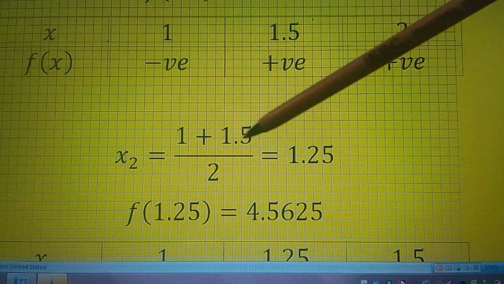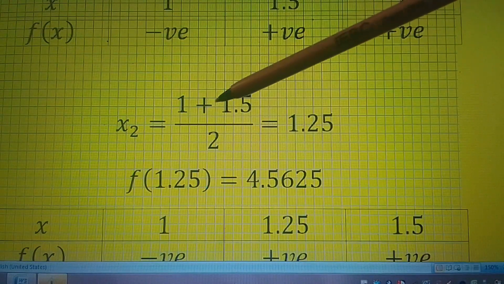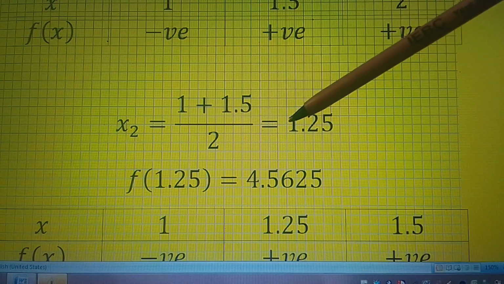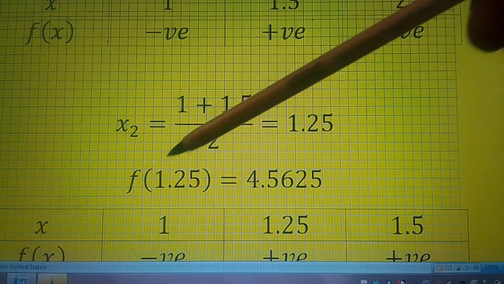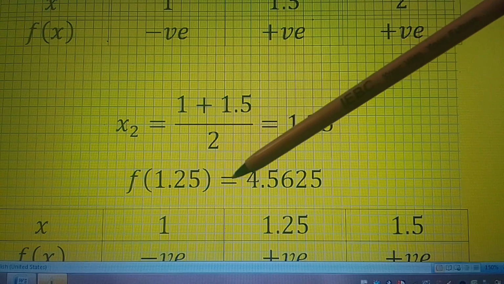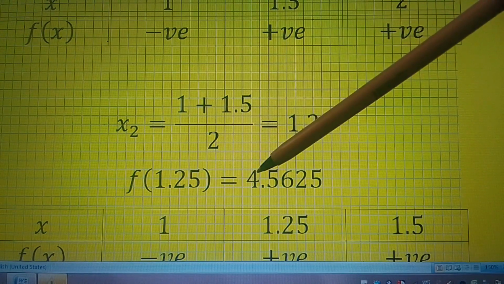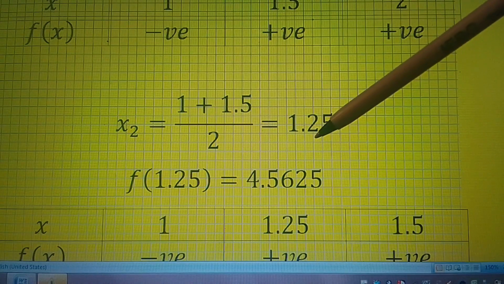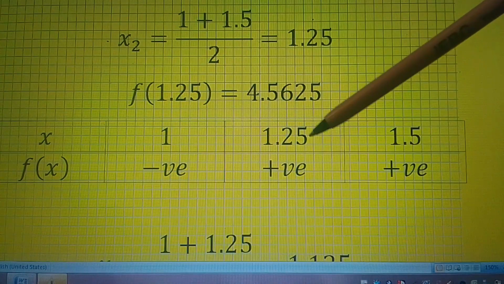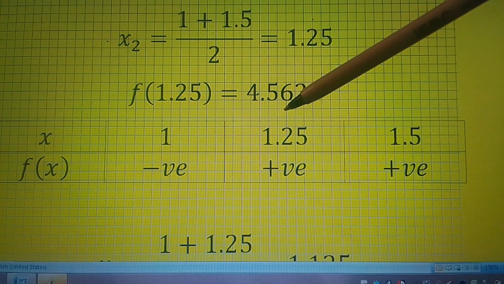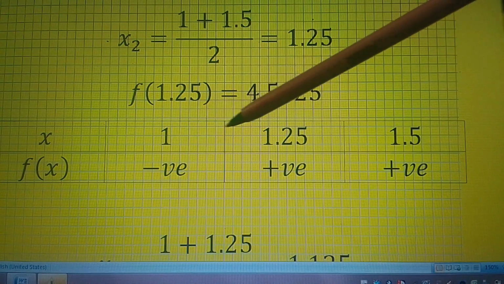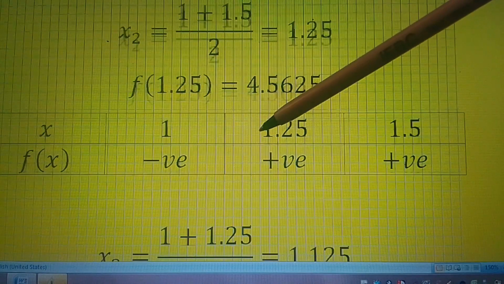For x2, we pick 1 plus 1.5 divided by 2, which gives us 1.25. f of 1.25 is 4.5625. This implies that the root now exists between 1 and 1.25.